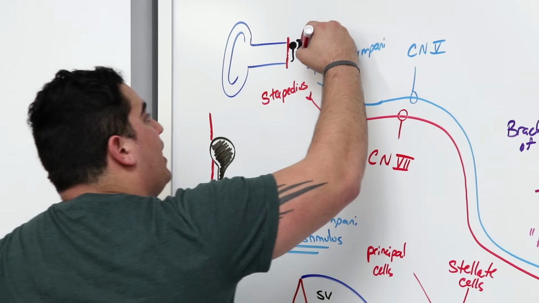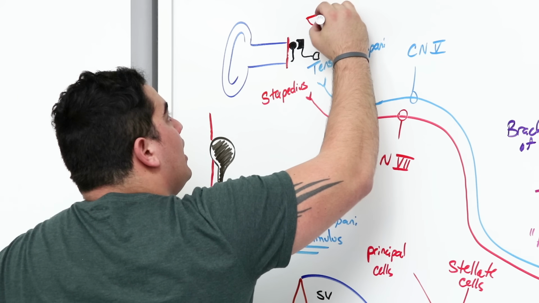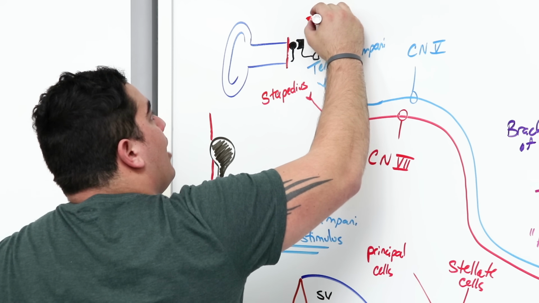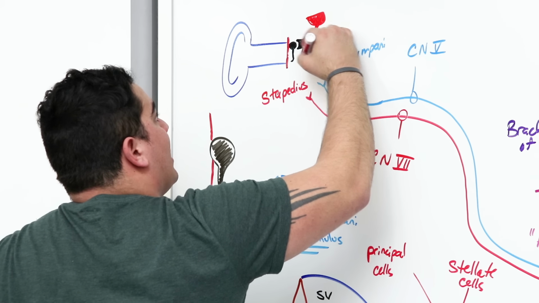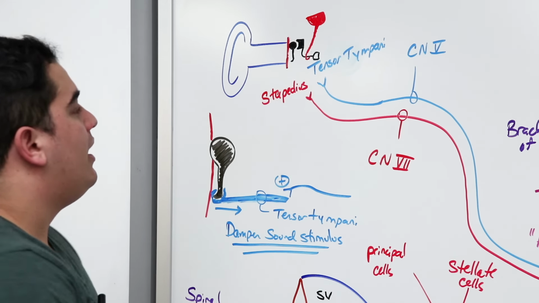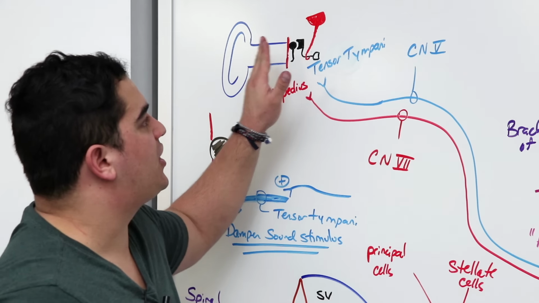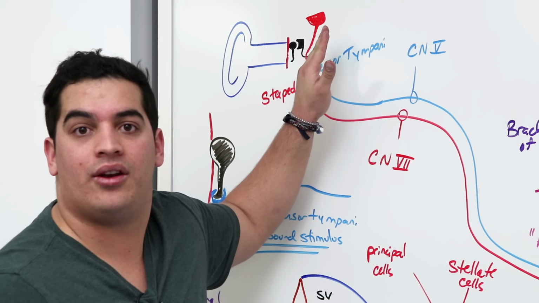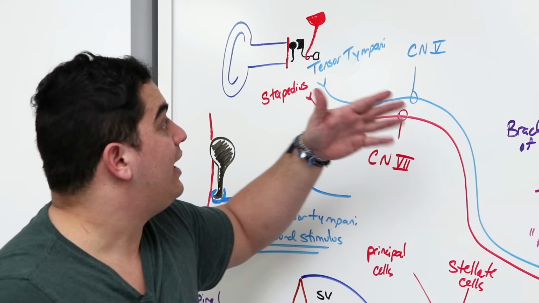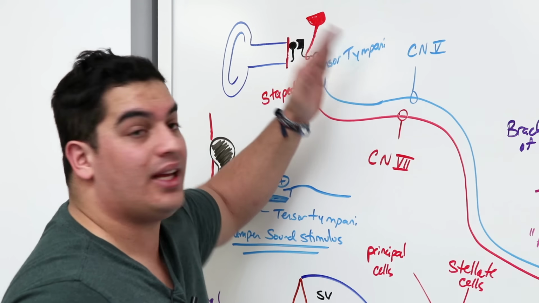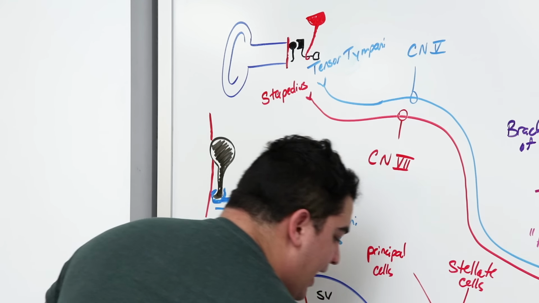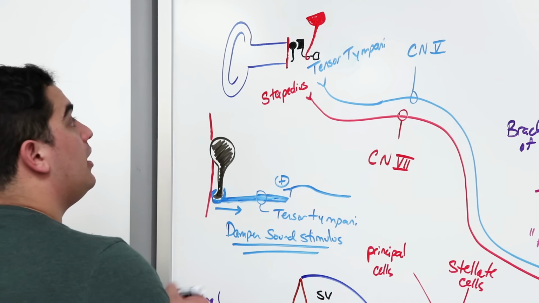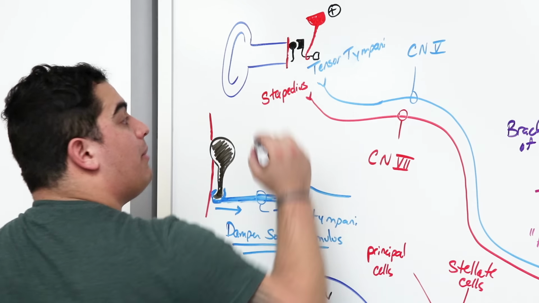Now, the stapedius is a pretty cool muscle, and what it does is it connects to, yeah, you guessed it, the stapes. Now, the stapes is responsible for tapping onto the oval window, creating fluid-filled vibrations. And whenever there's loud sounds, it's going to tap really, really hard and really fast. What we can do is have this stapedius muscle become stimulated by the facial nerve.